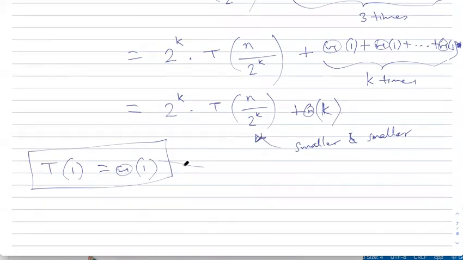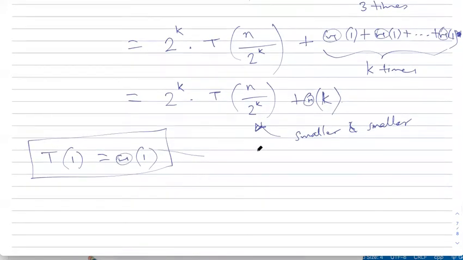Having known that, one obvious way we can end this recursion is, because this term is becoming smaller and smaller, it would be favorable for us to end this when I can make this T of 1, because I know the value of T of 1. How can this become T of 1?